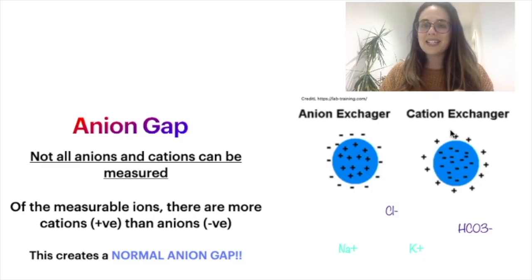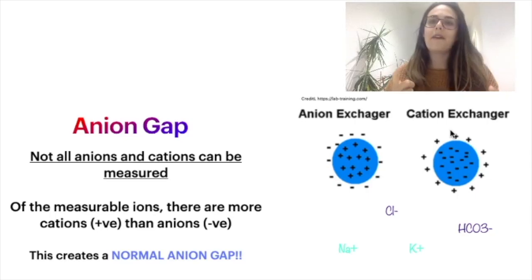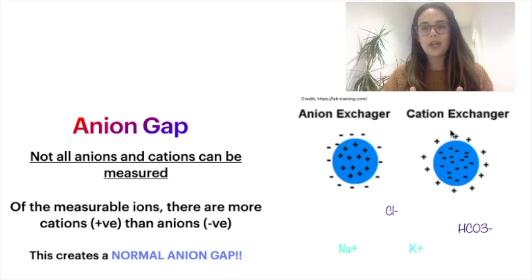So that's where it gets a bit tricky. All the textbooks say these are unmeasurable ions, and you think, well, we measure them at work, like I measure lactate at work. That's correct, you can, but we can't measure them effectively enough to be able to work it out in this calculation, so we call them unmeasurable.